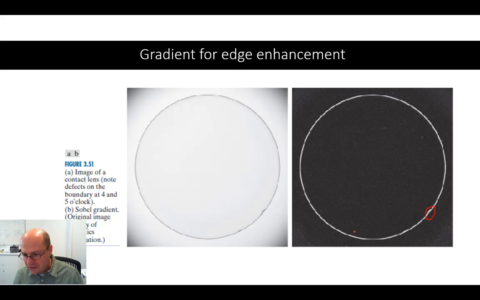So, for instance, you see there's a defect here, there's a defect there. It's kind of a bulge here. This part here is thinner. It's not round enough.